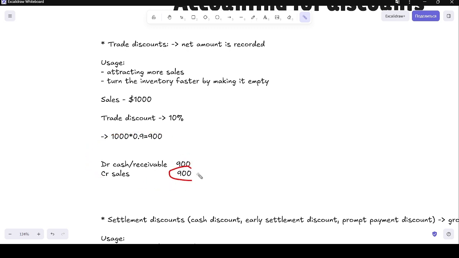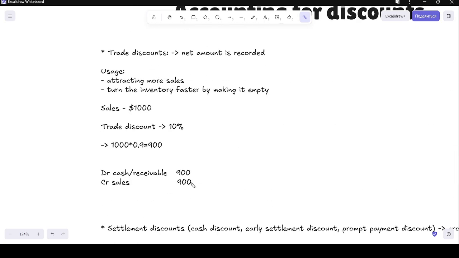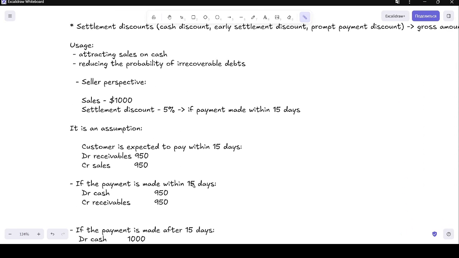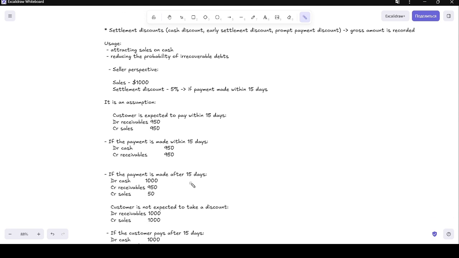You see, that's it. There is nothing more in trade discount. And we have the settlement discounts, or its other names are cash discount, early settlement discount, prompt payment discount. Here gross amount is recorded.